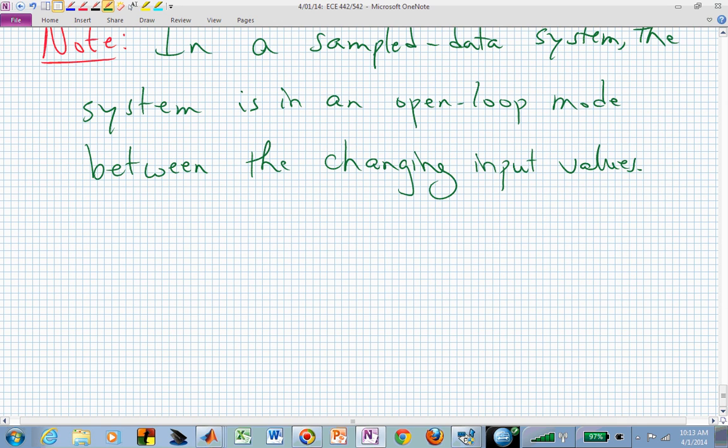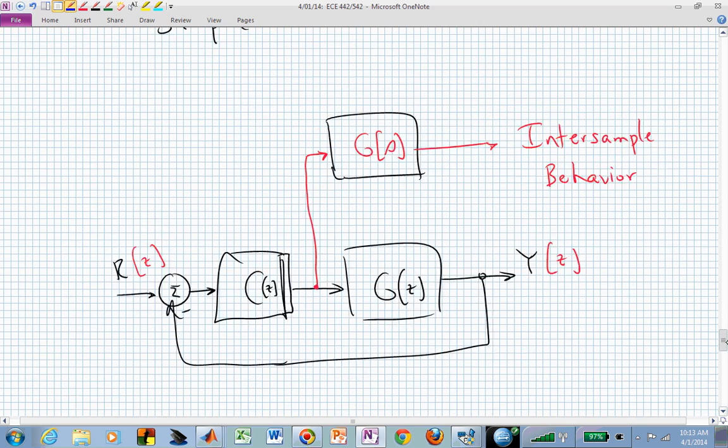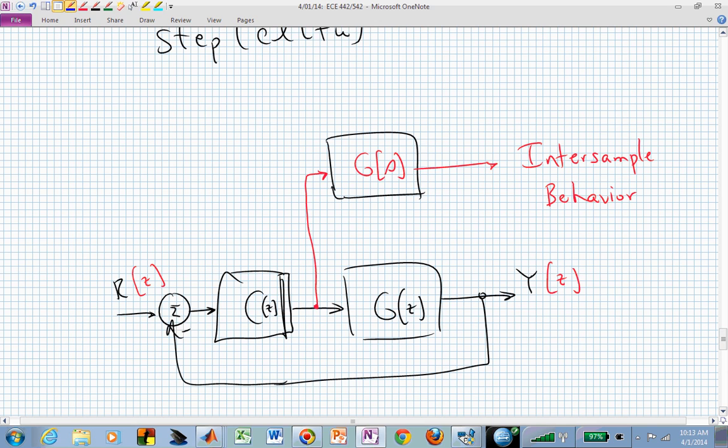And so what we did do is we actually were driving the open loop system G of S. That's what I was trying to show here in this block diagram configuration.